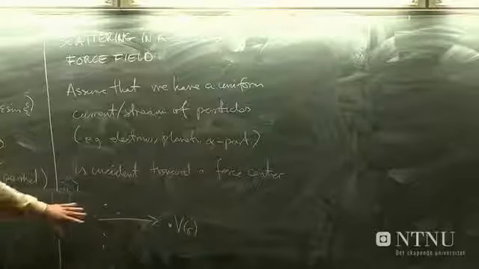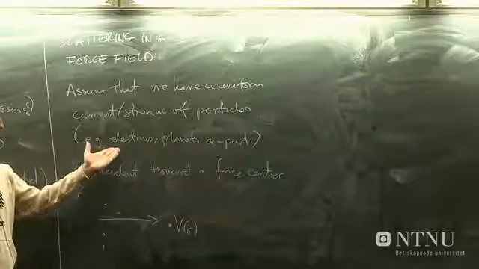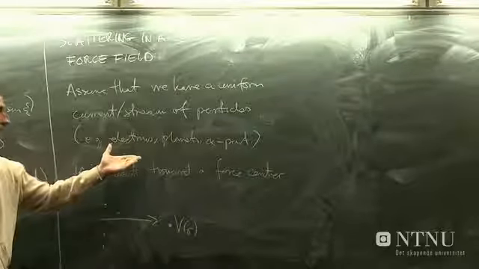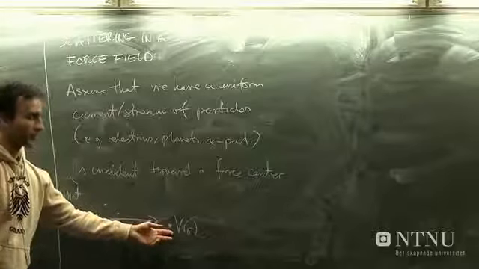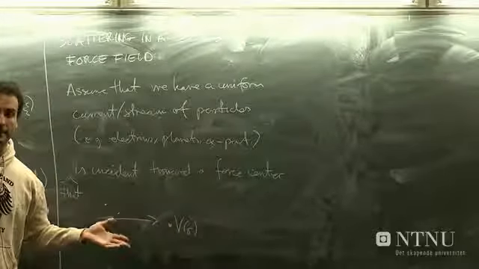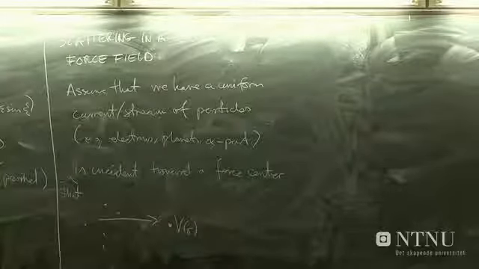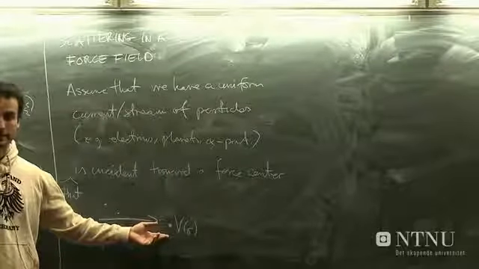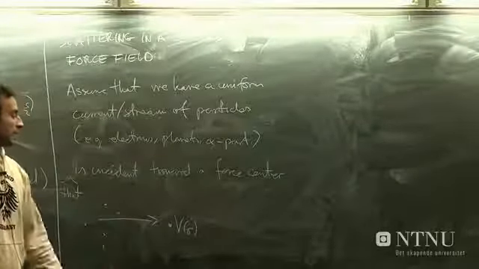So we have some kind of situation like this. We have a bunch of particles, or depending on the context, some kind of object incident towards some kind of scattering potential or some force center, V of r. This V of r could be a heavy star, for instance, in the context of planets or asteroids.